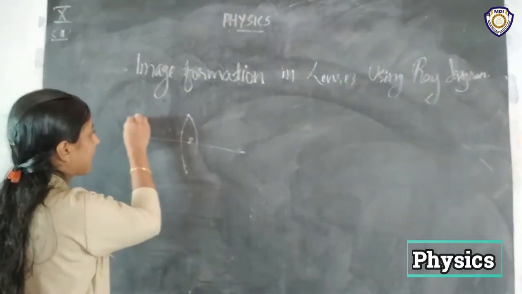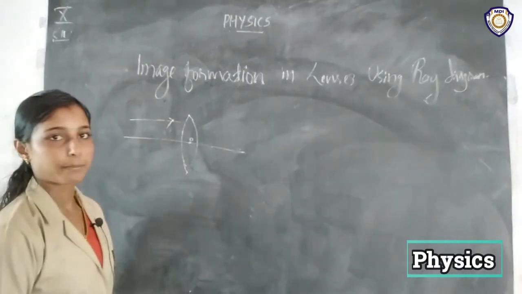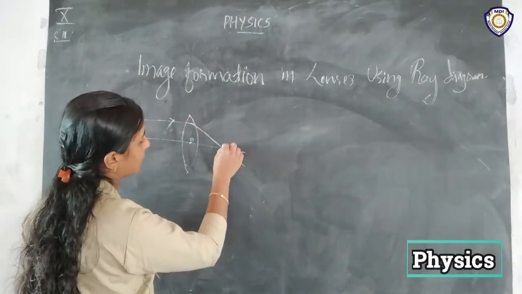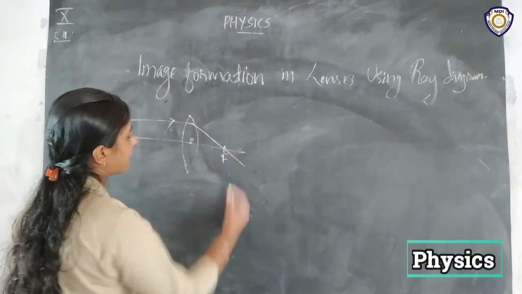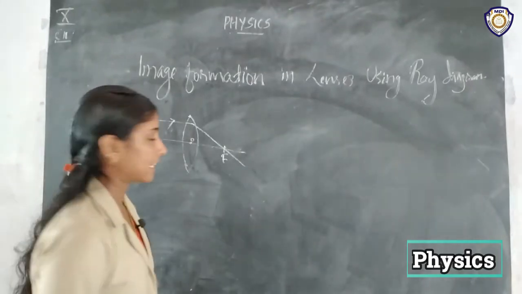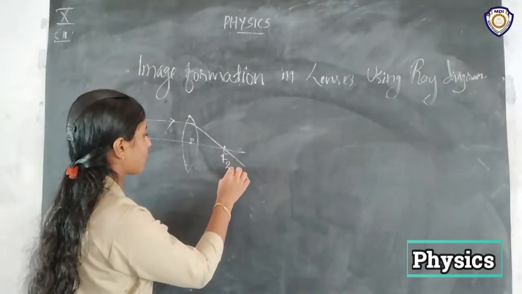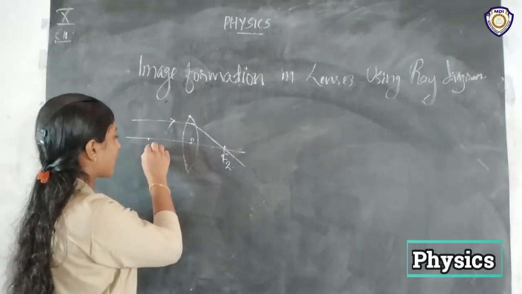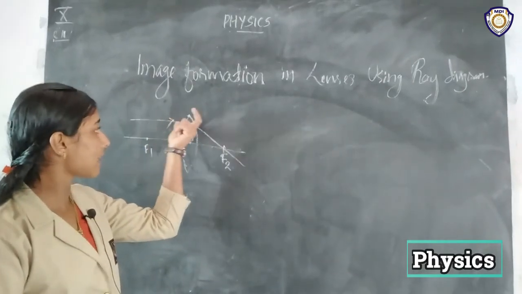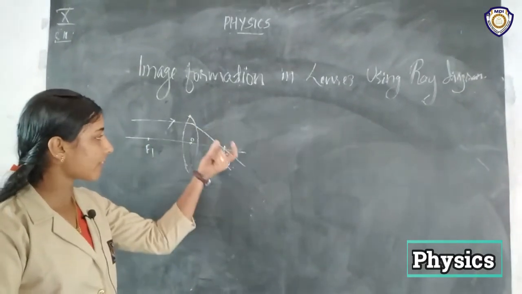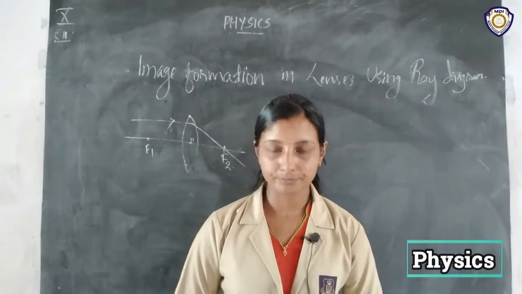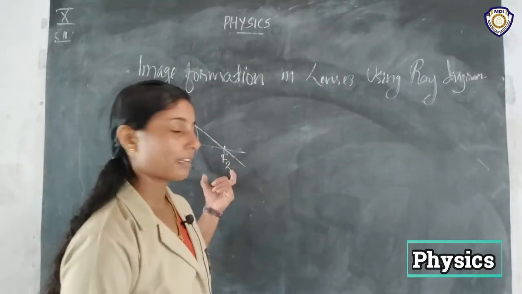When a light ray passes parallel to the principal axis, after refraction it passes through the principal focus on the other side. This is F2 and here will be F1. That is in the case of a convex lens.